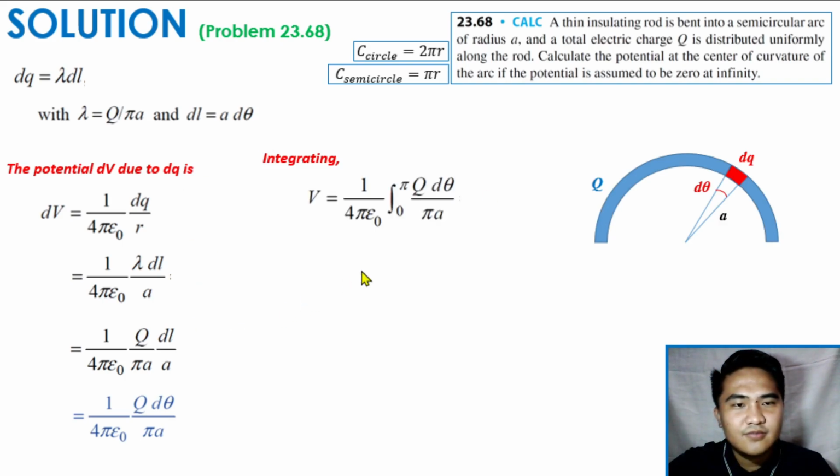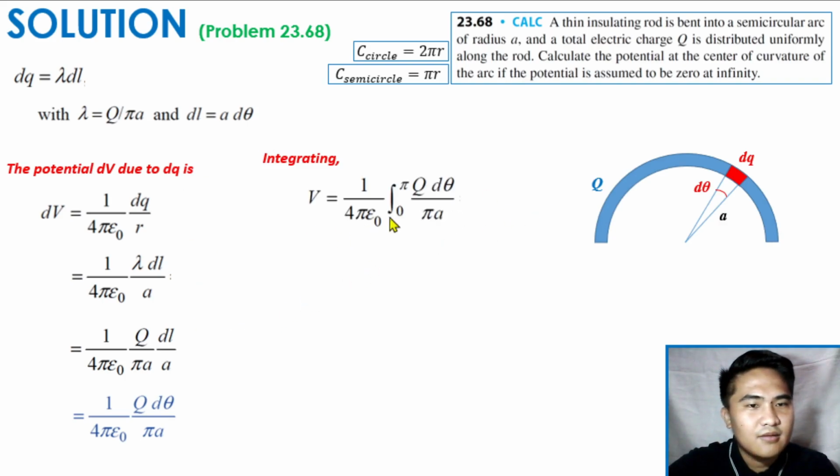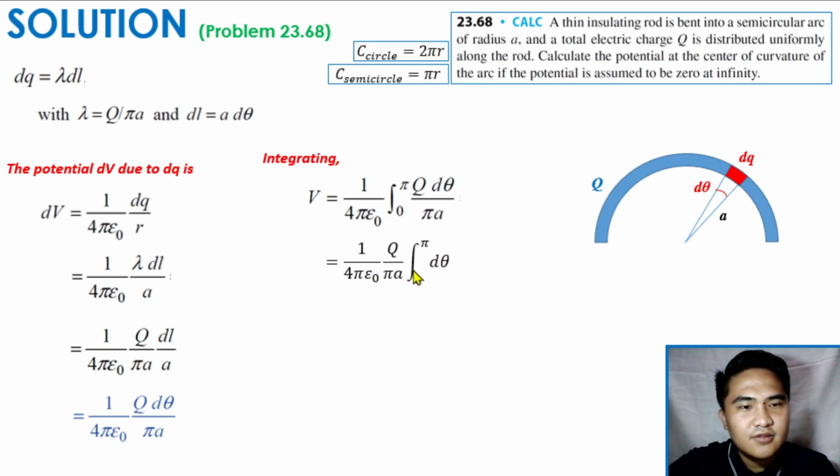Integrating this to get the total potential, we have V is equal to 1 over 4 pi epsilon naught integral of Q d theta over pi a from 0 to pi. Getting the integral, we can take out Q over pi a since they are constant, and we will be left with the integral of d theta from 0 to pi.